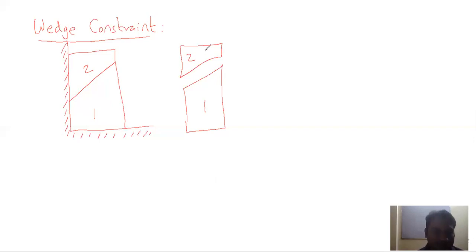So let us say this block moves with acceleration A2. This block A1, in this case, will be forced to move in the horizontal direction. As block 2 moves down, this block 1 will continue to move in the forward direction, the rightward direction. So this is what we have.